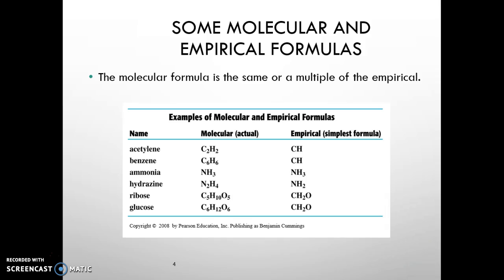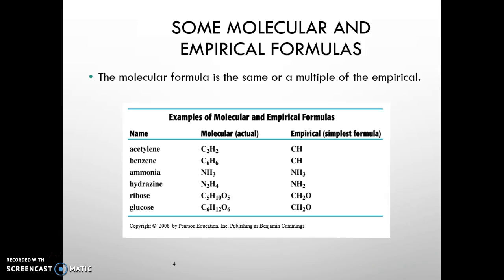Ammonia, you see ammonia's empirical formula and its molecular formula are exactly the same. Why? Because you can't divide 1 and 3 any further. Hydrazine, N2H4. Well, 2 and 4 have a number in common, 2. I divide all this by 2 and I get the empirical formula of NH2. Ribose. Ribose is one of those sugars. We just talked about ribose.